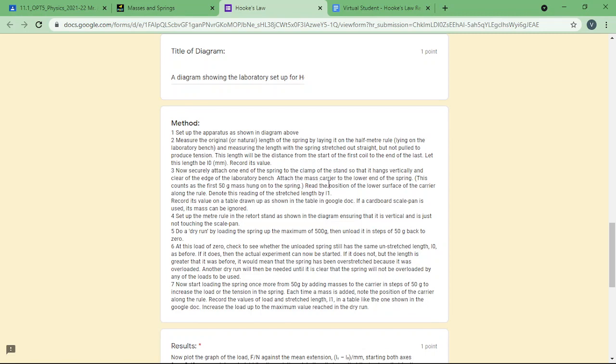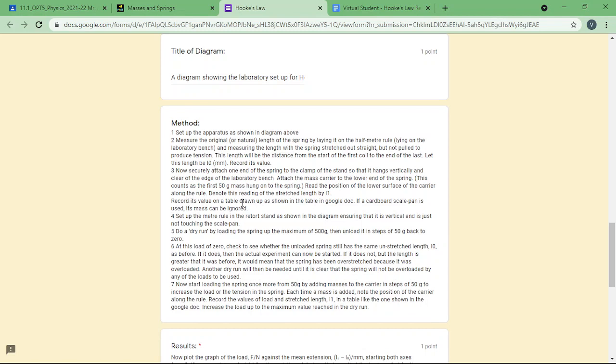So attach the mass carrier to the lower end of the spring. This counts as the first 50-gram mass on the spring. Record the position of the lower surface of the carrier along with the rule, and denote this reading of the stretch length by L1. Sorry.